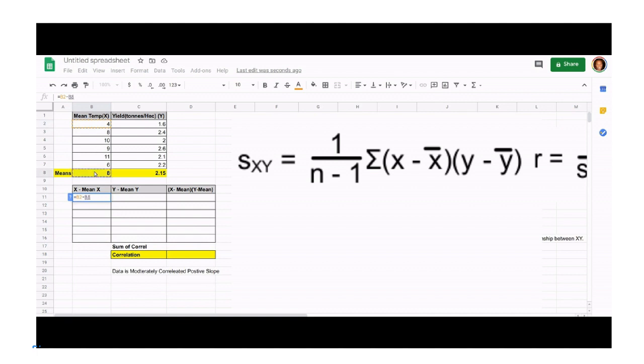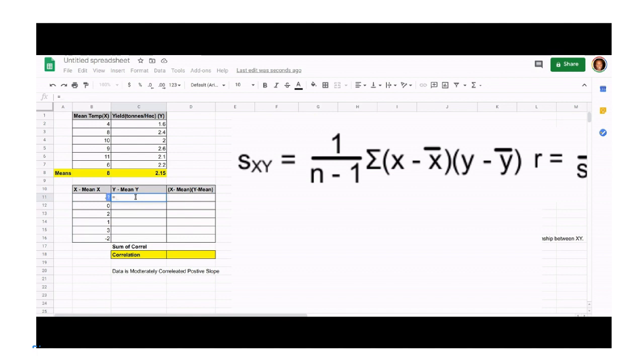And then in order to make this an absolute reference, so it always refers to the mean cell, which is D8, you actually have to hit F4. When you hit F4, it changes D8 to $D$8. Then we can copy that information down with the fill handle that I taught you about earlier in the previous lessons.